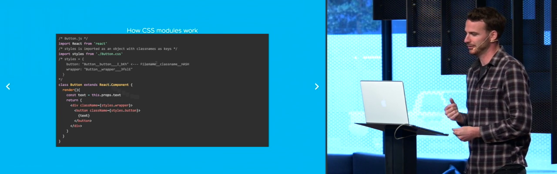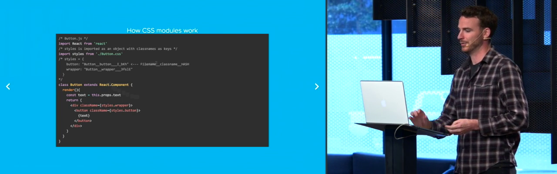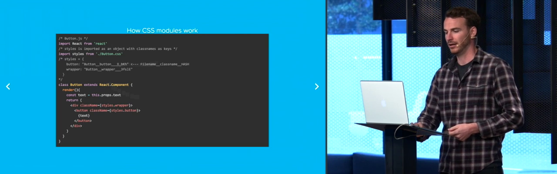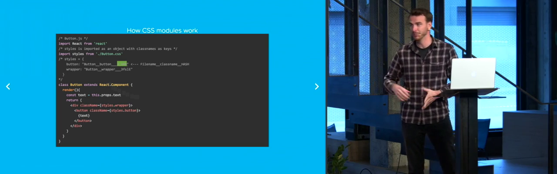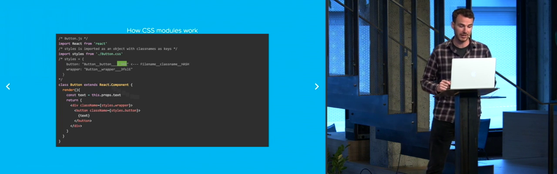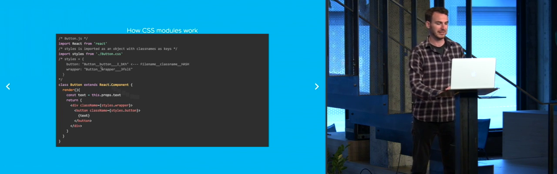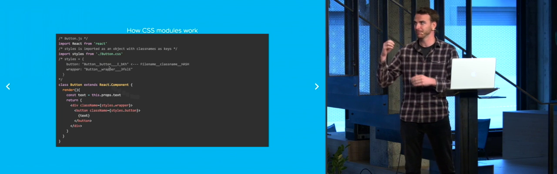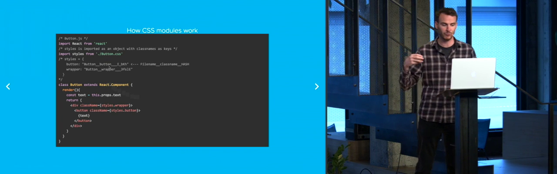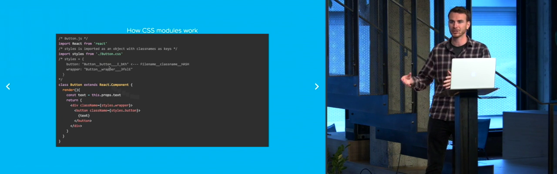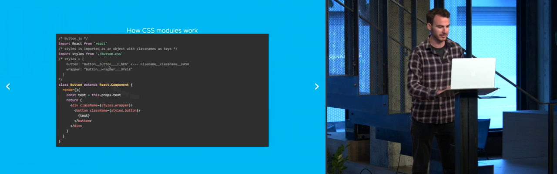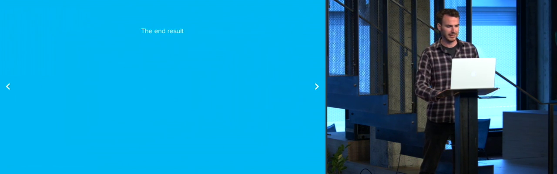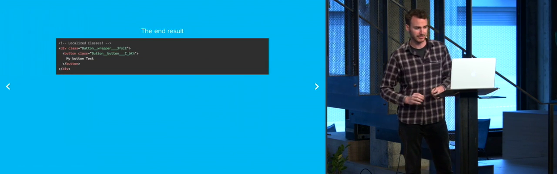This is the way that we do it: the file name, the class name, and then we put a unique hash on the end of it to make sure that no one's going to mess with this unless they really, really try. This makes it so we're only applying these, and we aren't going to mess up any other class that exists in the existing code base or any future CSS that's being added to the code base. And the actual built output looks like this.